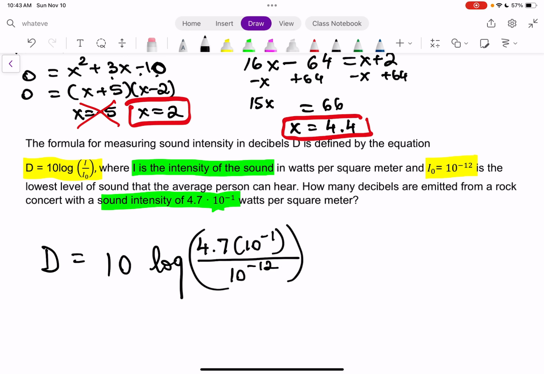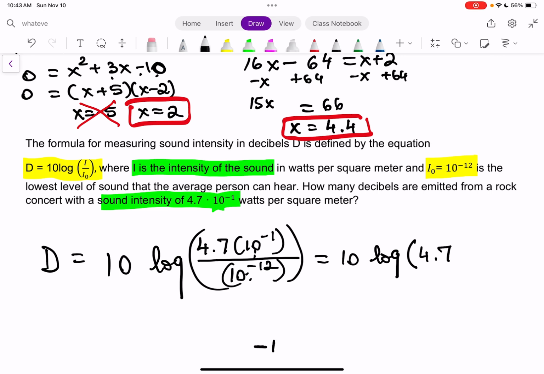Okay. And you can take this and put it in your calculator exactly as you see it, or you can simplify a bit. And of course, I'm just going to simplify a bit. And the reason for it is because I do want to remind you of some rules of exponents. So remember, when you divide numbers with the same base, you subtract the exponents.